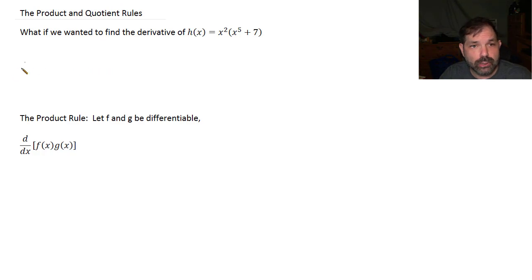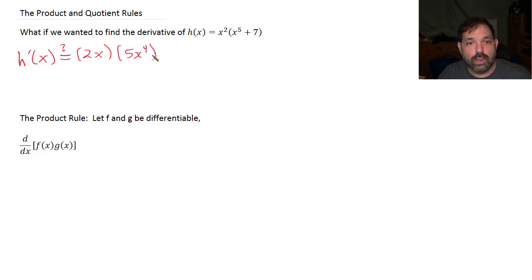So the question might be, is h prime of x equal to 2x, since that's the derivative of x squared, times 5x to the fourth, since the derivative of x to the fifth plus 7 is 5x to the fourth. Now if we use a little bit of algebra, this would be the same as writing 10x to the fifth power.